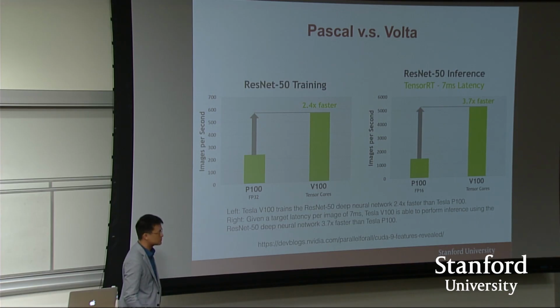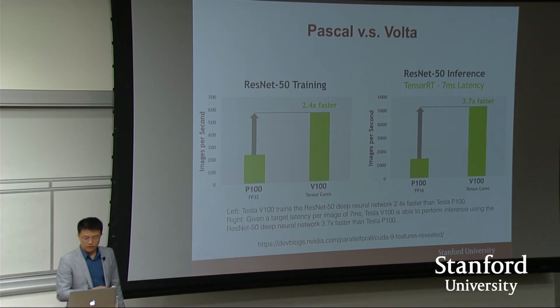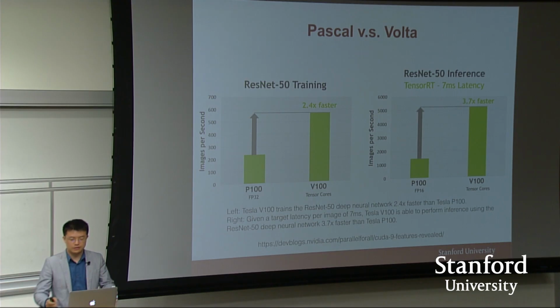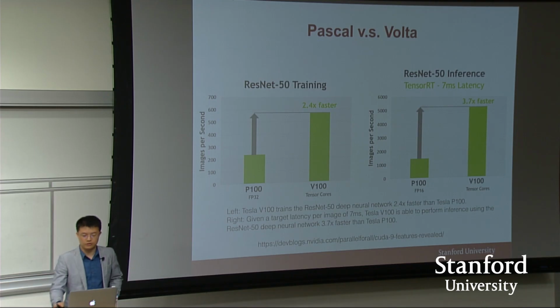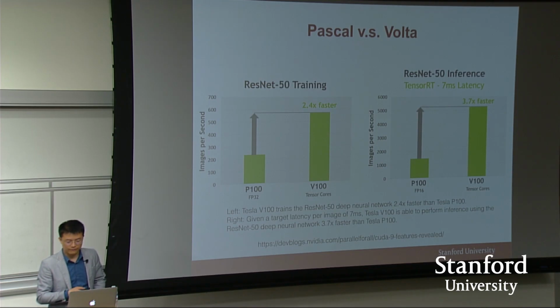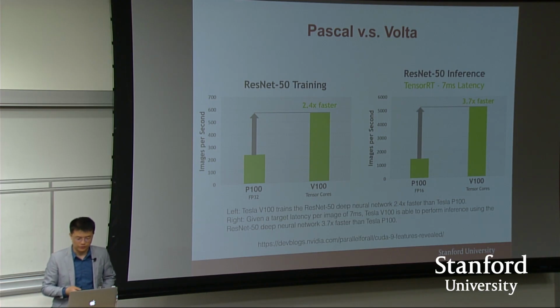On the right-hand side, it compares the inference speedup given a 7 millisecond latency requirement. What is the number of images per second it can process? It is a measurement of throughput. Again, the V100 over the P100, by taking advantage of the Tensor Cores, is 3.7x faster than the P100.